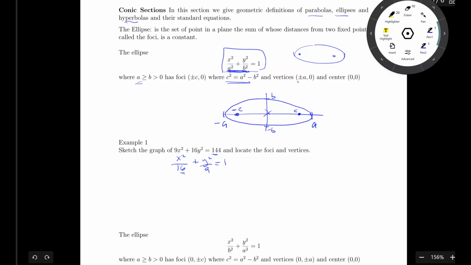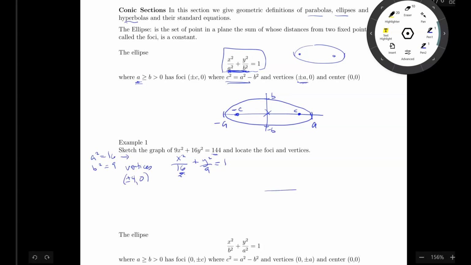This tells me that my a squared is 16, because I always want to have my a as the larger number. Then b squared is equal to 9. And so the vertices, if the larger number a is underneath the x, the vertices are going to be on the x-axis. So this tells me my vertices will be plus or minus 4, 0.